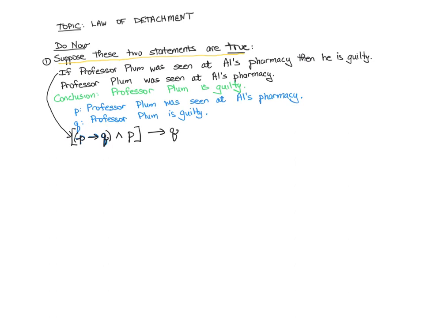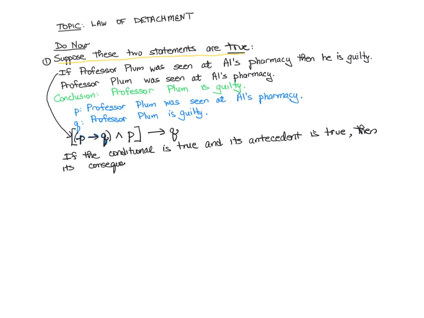So we're saying that if the conditional is true, and its antecedent is true, then its consequent must be true.